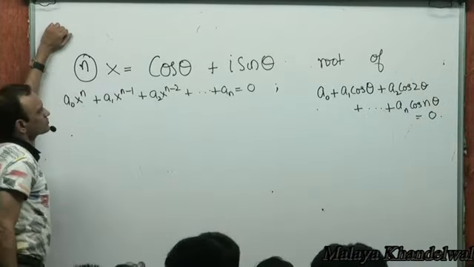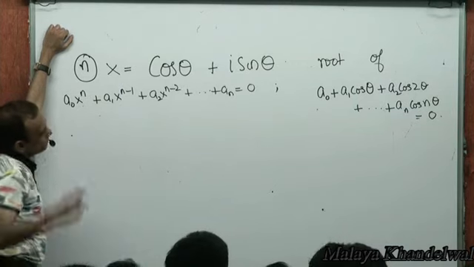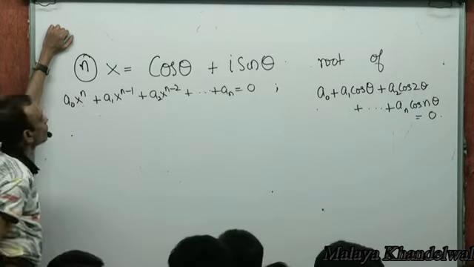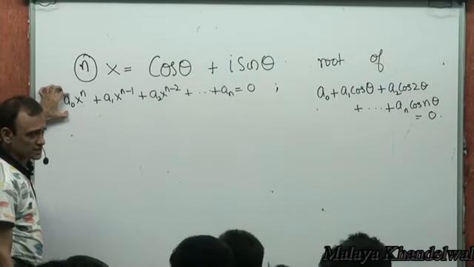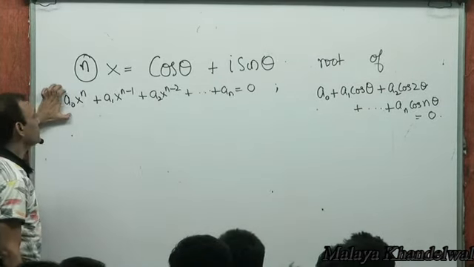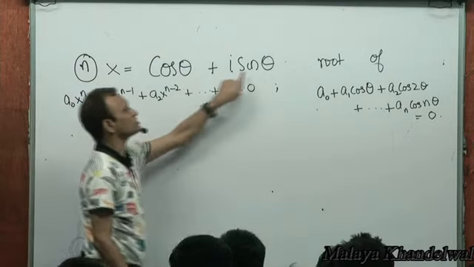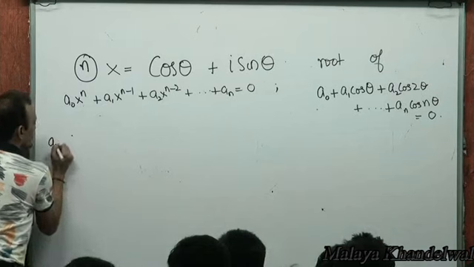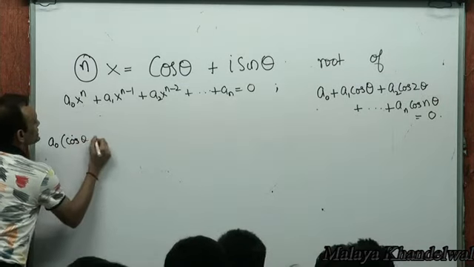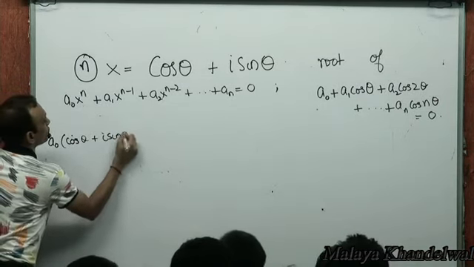Now, see, if x is a root, that means x satisfies this. But if I plug in the value of x as cos theta plus i sin theta, it will give me a naught cos theta plus i sin theta whole to power n.